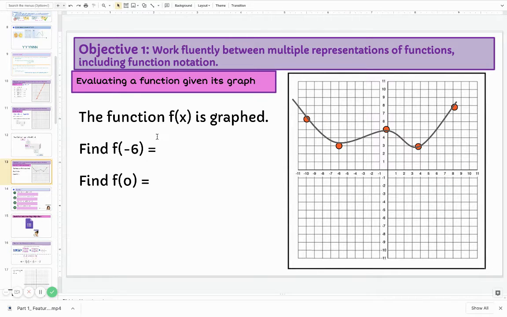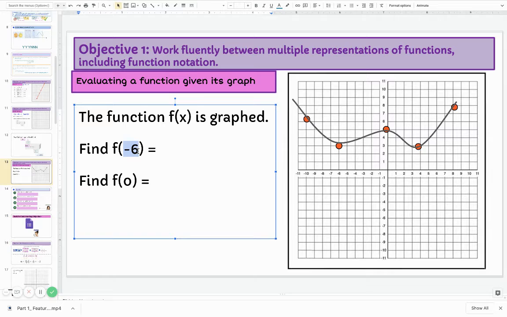All right, so evaluating a function given its graph. The function f of x is graphed over here on the right. So find f of -6. Okay, so that means when x is -6, what is y? So I'm going to go over here, find -6, and I go up to the point, and it's showing us that y would be 3.